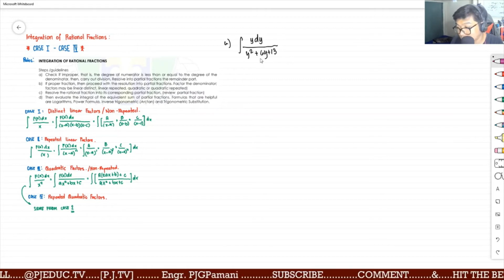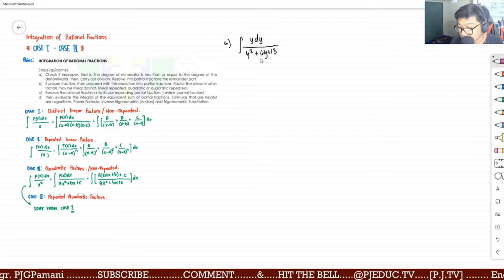Case 3. Hindi naman siya repeated quadratic. So it is a case 3 quadratic factor non-repeated.